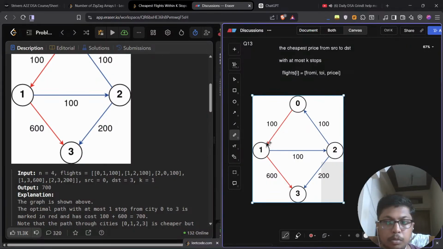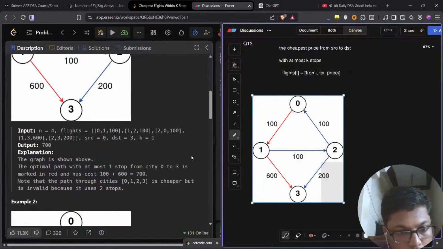And other than that, the blue part says we could reach from 1 to 2, or 1 to 3, or 1 to 0 directly by passing through node 4.